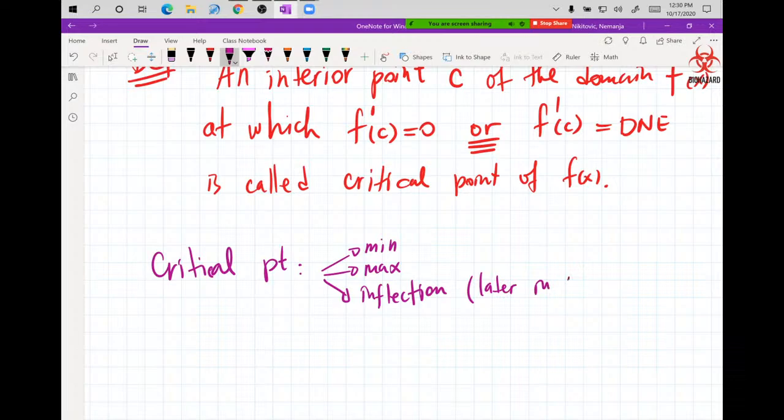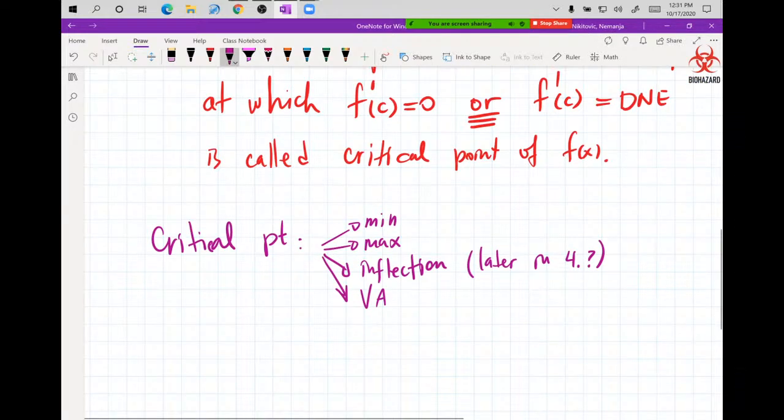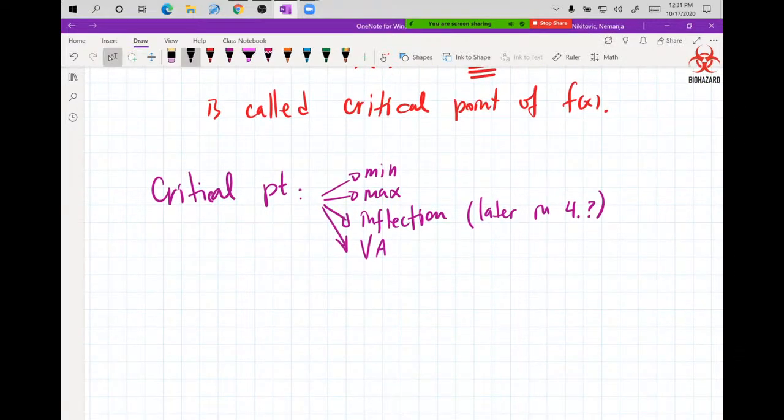Later in 4 point whatever it is. I think it's 4.4. I don't know. Later. And then vertical asymptote. Because when the derivative does not exist at the point, it could be a vertical asymptote, right? You can quickly come up with that example.